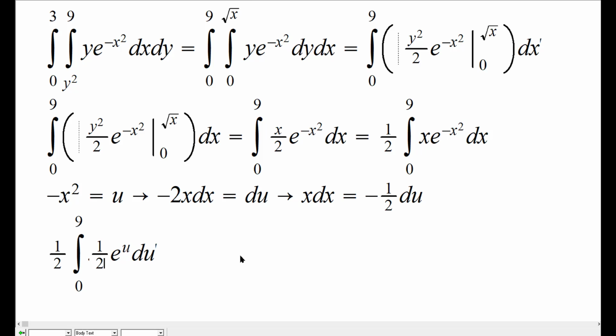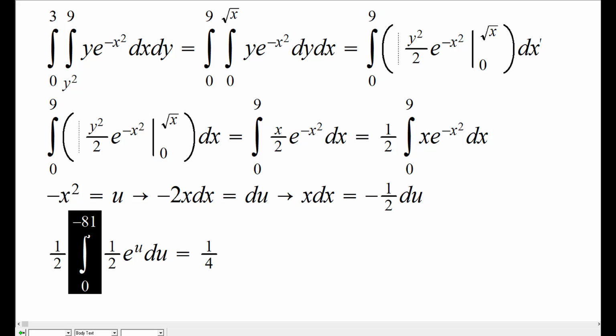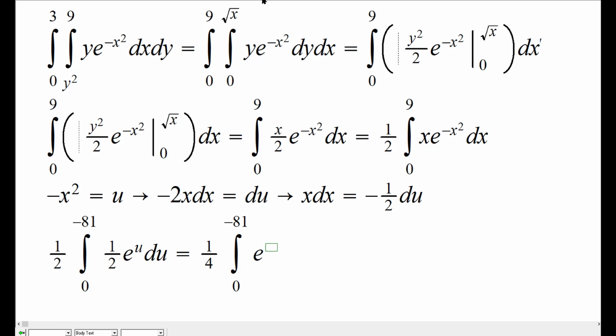Okay, so this is 1/2, and then the limits will change: u equals 0 remains 0, and since u is negative x squared, the upper limit would be negative 81. So what we get is 1/4 and the integral from 0 to negative 81 of e to the u du, right?